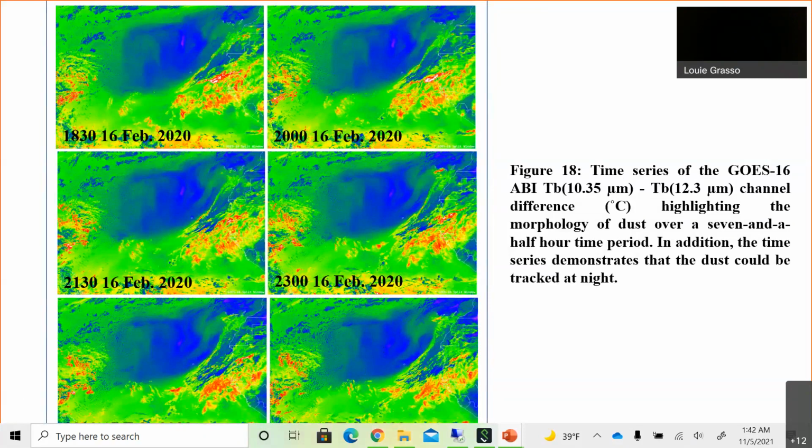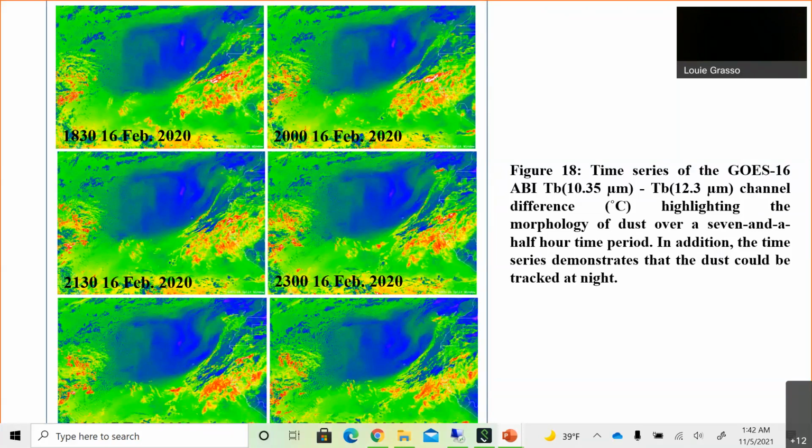One of the key features here is a sharp contrast, a love-hate relationship, between water vapor and dust. People who are interested in water vapor retrievals will say the dust is interfering with water vapor retrievals. However, the dust folks will say water vapor is interfering with dust.